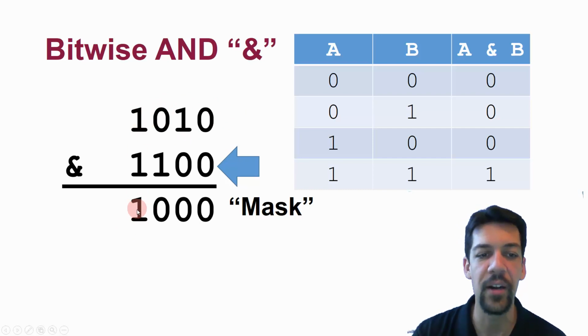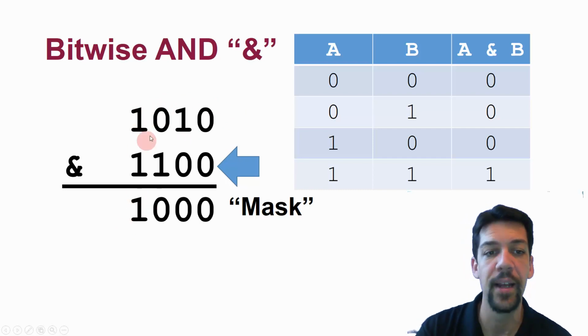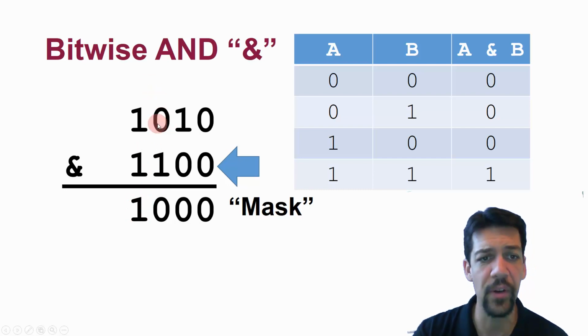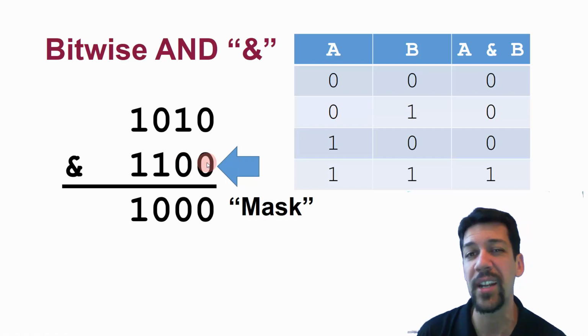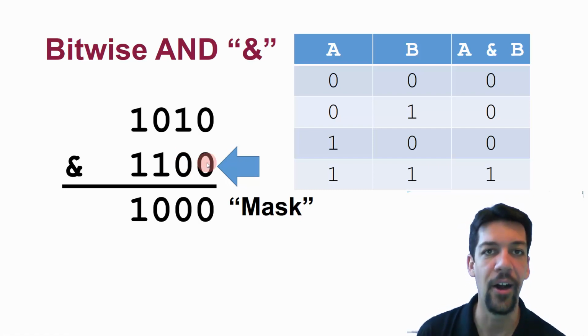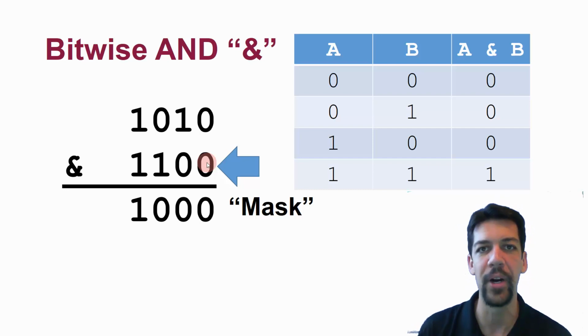So I can see if there's a 1 in this location or not. Same for that one. So I've got a 0 in that location. My mask has a 1 in it, so I got a 0 there. All the others, because they're zeroed out, will always be 0. So this is how we check. We can check and see if a particular bit is set somewhere in memory.